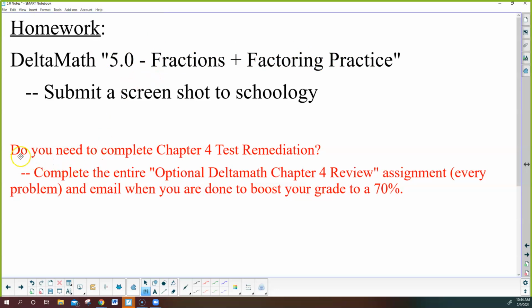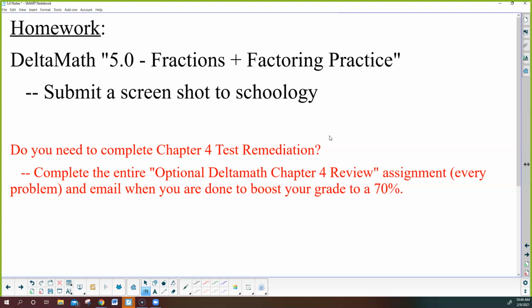Do you need to complete the chapter 4 test remediation? Some of you didn't even turn in your work for your Unit 4 test, and that was worth 7 points. If that was one of you, you can go on campus, and I put a comment in there: did not turn in work worth 7 points.